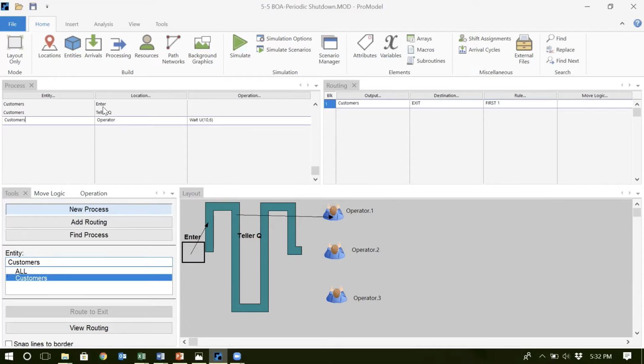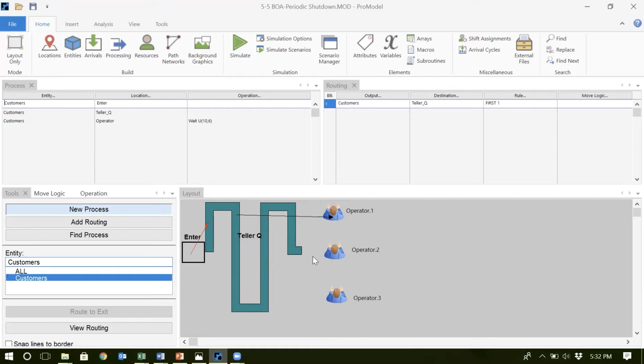So in this scenario, customers come to the system from entrance, and as soon as they come to the entrance, they can enter the teller queue and wait in the queue and then get processed with one of these operators. However, if I just leave this system as is, then during the whole simulation runtime, the customers can come to the teller queue and go get the service.